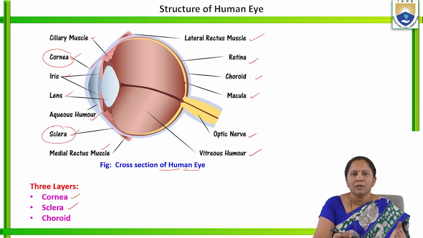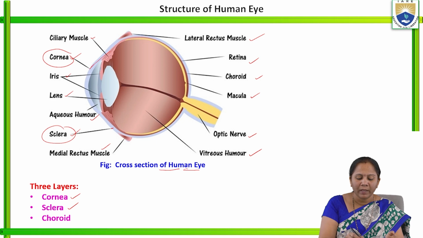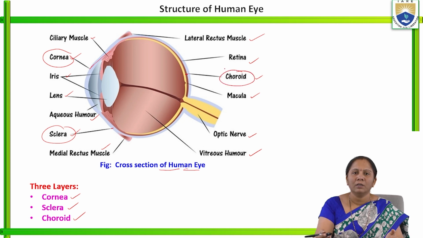After the cornea, the next internal layer will be sclera. And the third one is choroid. Under sclera, you have another layer which is called choroid. These are the three layers in this cross section of the human eye.